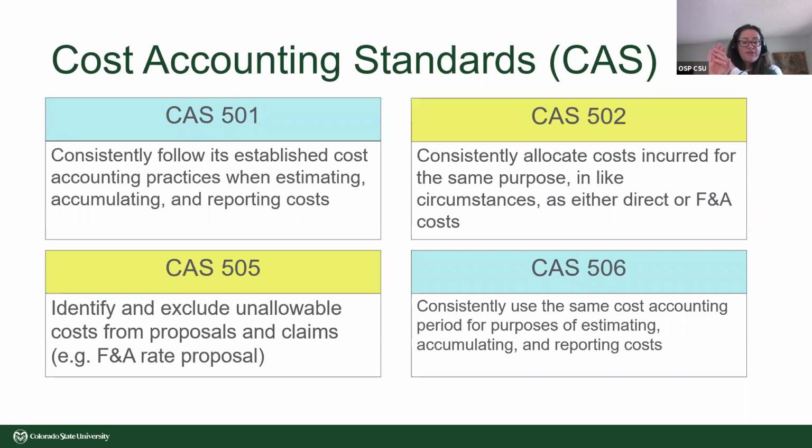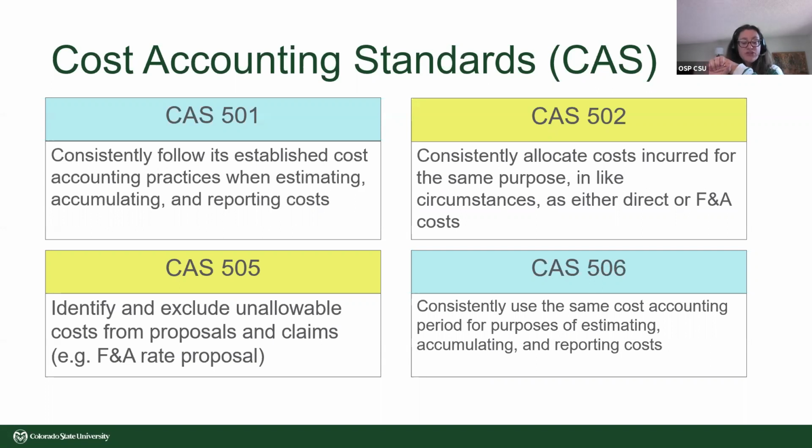We have to have practices in place and documented, and we document those practices in our disclosure statement. Institutes of higher education that receive federal awards totaling 50 million or greater are required to have a disclosure statement on file, a DS2.